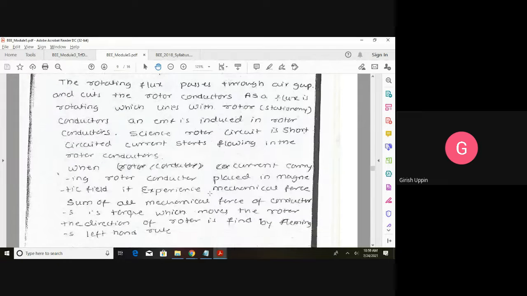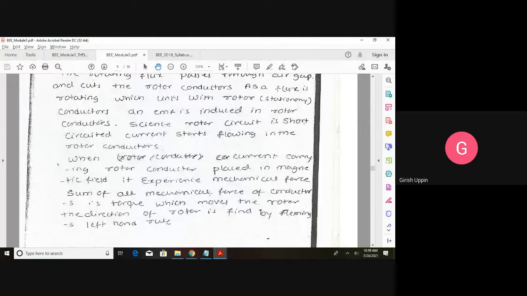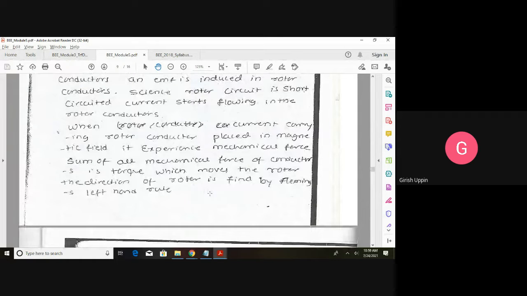When a current carrying conductor is placed in a magnetic field, it experiences a mechanical force. The sum of all mechanical forces on the conductors is a torque which moves the rotor. The direction of the rotor is found by Fleming's left hand rule. Suppose you want to find which direction the force will act, that can be found using Fleming's left hand rule.